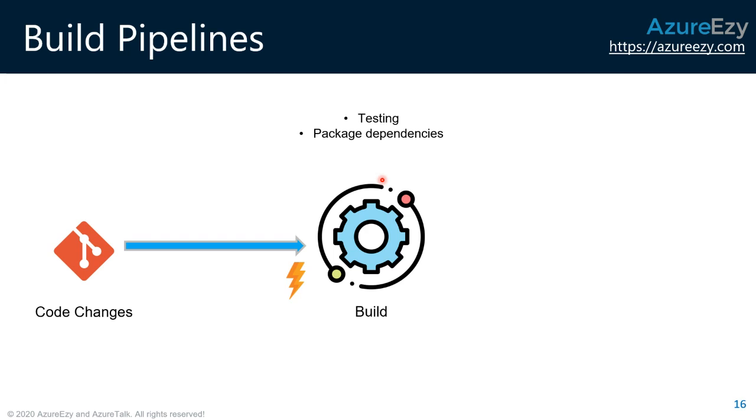In your application, you might have various packages involved, and when you are defining your build definition, you will be looking into restoring those packages. For example, in .NET, you will be restoring the NuGet packages. In other development ecosystems, you will be restoring the packages based on that particular ecosystem. So you want to look at all those package dependencies.